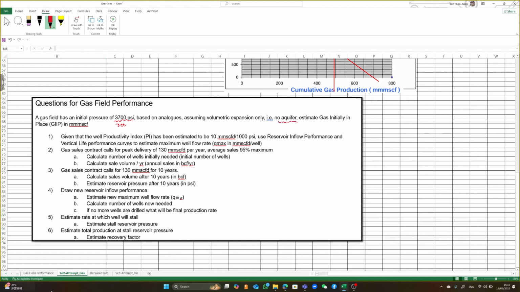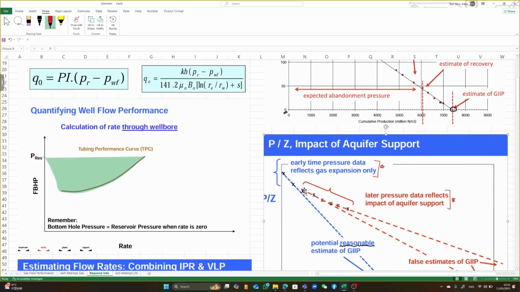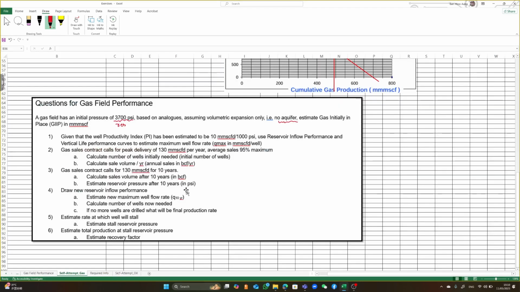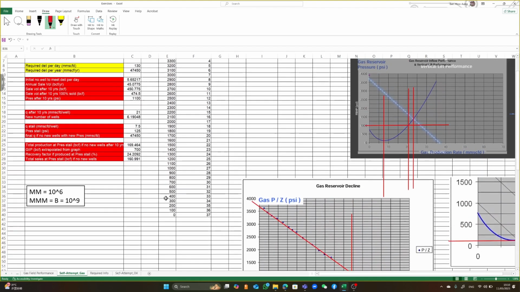As we talked about before, the aquifer can cause deviation of the pressure declining trend, and therefore we don't need to worry about that here. It wants us to estimate the gas initially in place in MMSCF, okay? So when we calculate these reserves, resources and recovery factor, it is important that we understand the units and the amount.